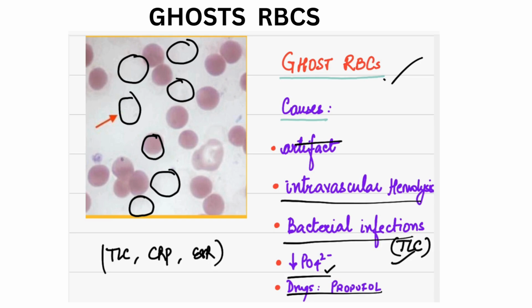For lower phosphorus levels, you can always go for serum phosphorus. Okay, now for drugs, you can take the history from the patient. History is very important in this, and if these causes are excluded, then you can go for intravascular hemolysis test. That's it. That's how you suggest, and you report ghost RBCs seen.